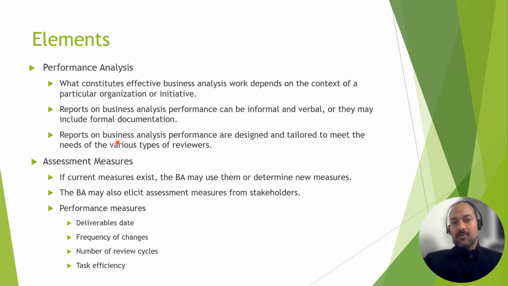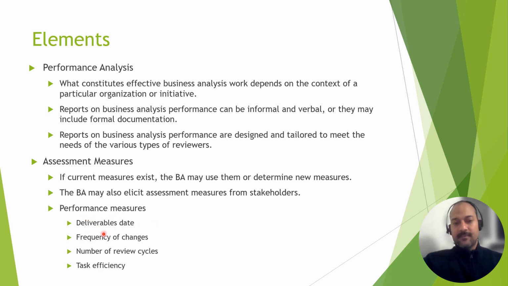Reports are designed and tailored to meet the needs of the various types of reviewers. Assessment measures are the second element. If current measures exist, the BA uses them or determines new measures. The BA also elicits assessment measures from stakeholders.